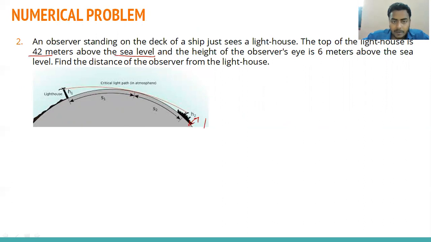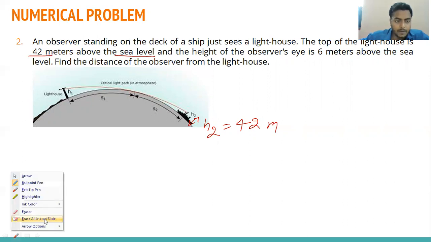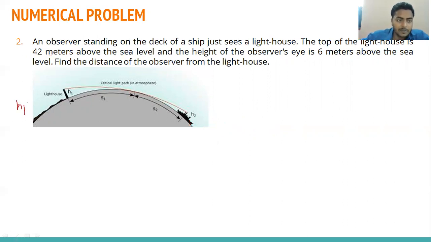Sorry, talking about the lighthouse, H1 is 42 meter. Now the observer's height is 6 meter above the mean sea level, so H2 in this case is 6 meter. Find the distance of the observer from the lighthouse.